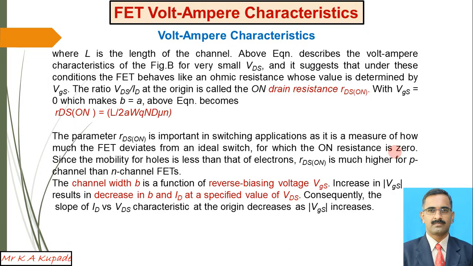Now from the previous equation, L is the length of the bar, and this equation describes the voltage-ampere characteristics of figure B for a very small VDS. See, very small VDS, and it suggests that under this condition the FET behaves like an ohmic resistance whose value is determined by the VGS.